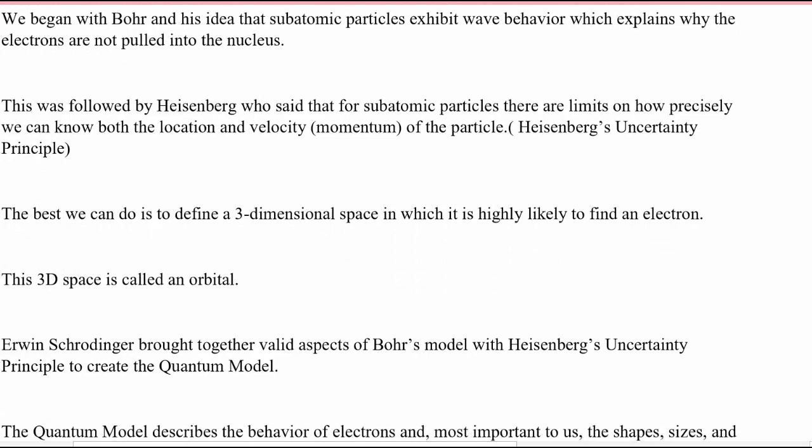Right. Then we brought in and talked about Heisenberg, who said that there is some level of uncertainty associated with knowing where an electron is and how fast it's moving. We cannot know completely everything about the electron, because the more we try to know one thing, like the location, the less we know about the velocity, just because in order to measure something about the electron, we're interfering with it.